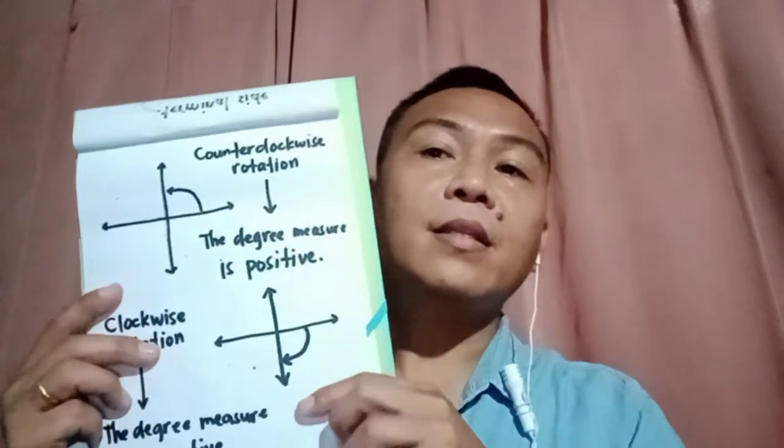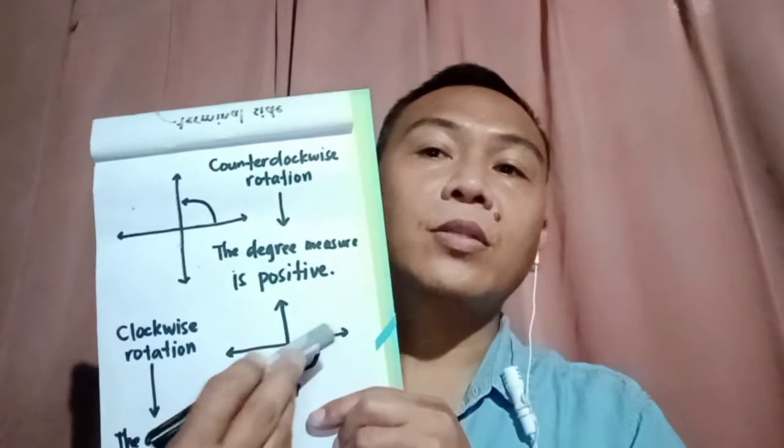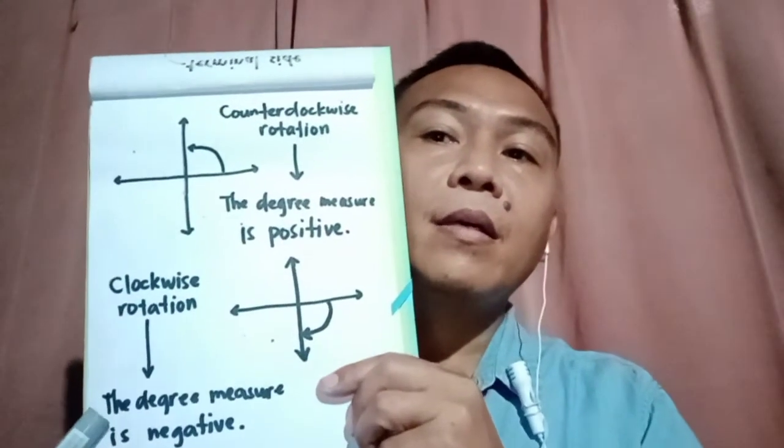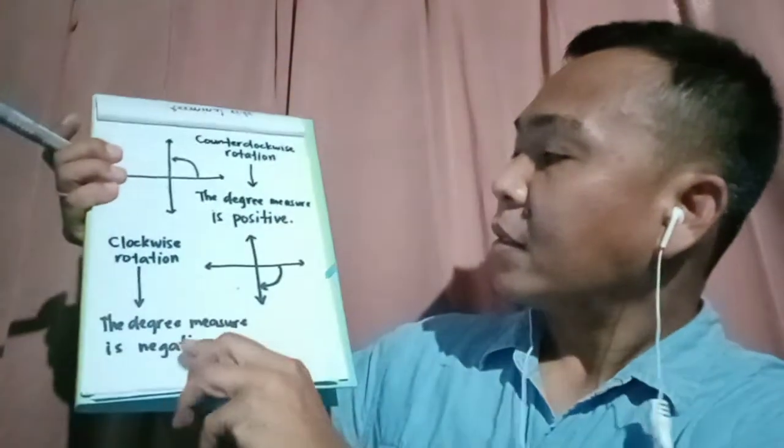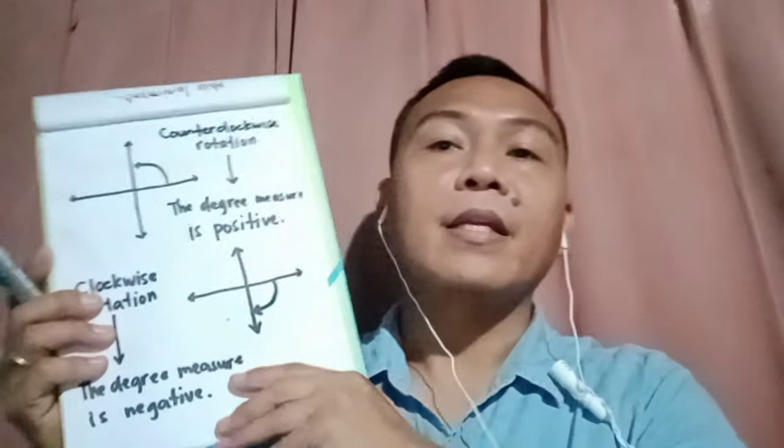When it is rotated in a clockwise direction, then the degree measure of that angle is negative. That's what we have to always remember. If it is counterclockwise, then the degree measure of that angle is positive, and when it is clockwise, then the degree measure of that angle is negative.